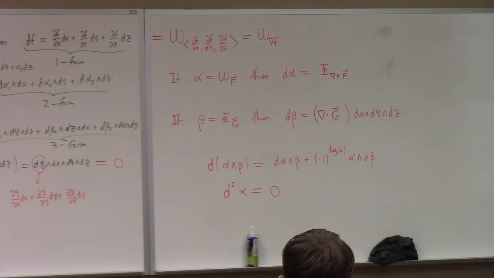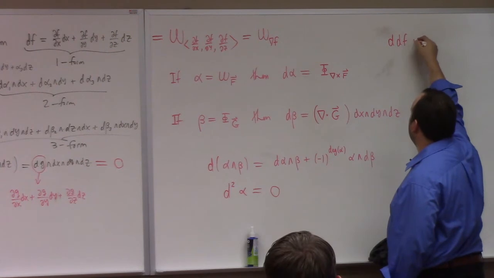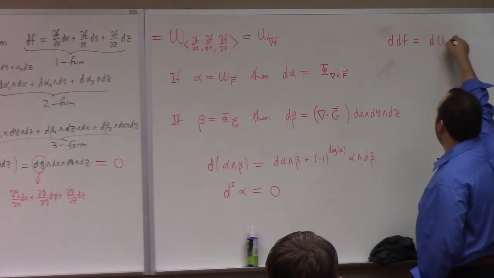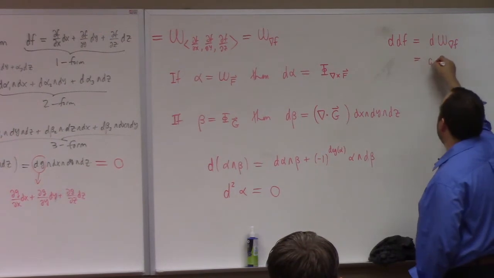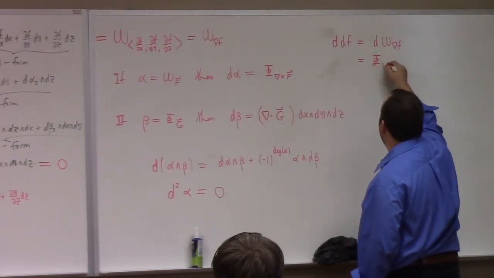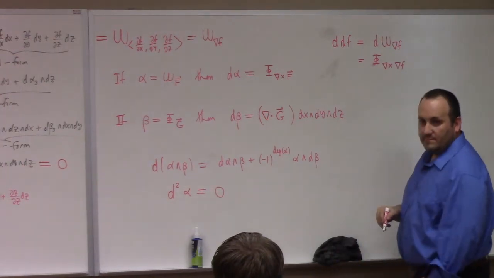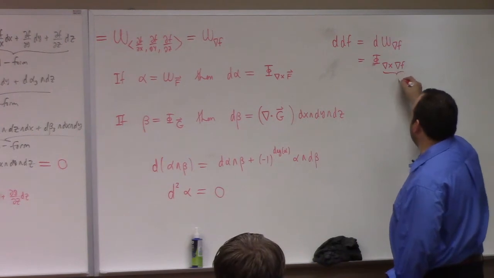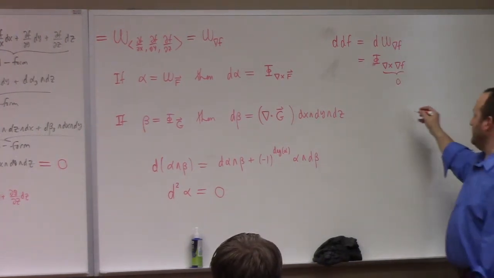The fact that d squared is equal to 0, for example, what happens if you do d df? This is d of omega, which is the flux form of the curl of the gradient. But of course, we learned in vector calculus that that's 0. d squared equals 0.